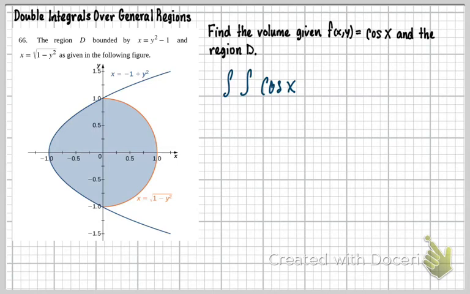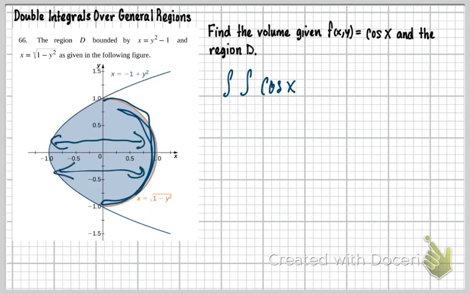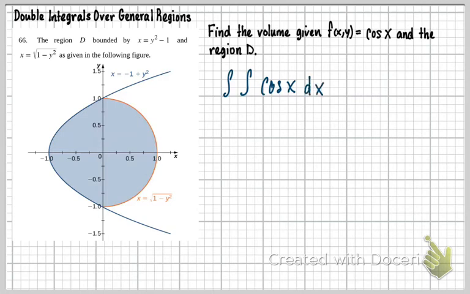Keep in mind these functions are in terms of x, and remember I have a further right function, so I'm looking at that change in x. Actually, let me go a little further so it's more representative. It's going to go that whole distance, and that whole distance is my change in x. So that means I'm going to go dx first.